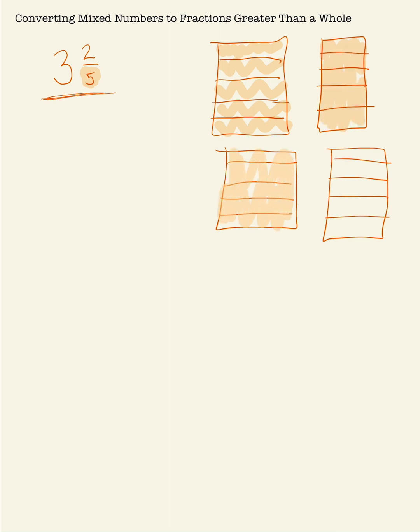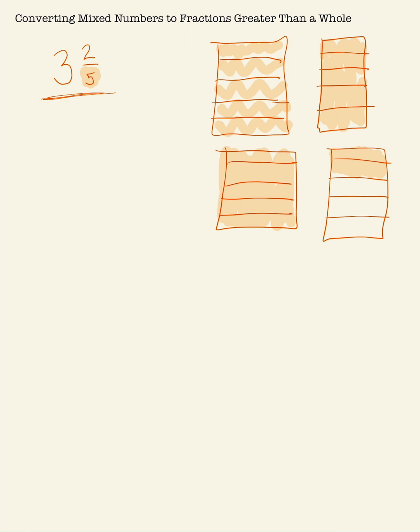So right here, what this represents within these 3, that is my 3 wholes, and then this one represents that 2/5. And so what I need to start thinking about is how can I decompose this mixed number to where it kind of shows what I'm seeing in those examples right there.